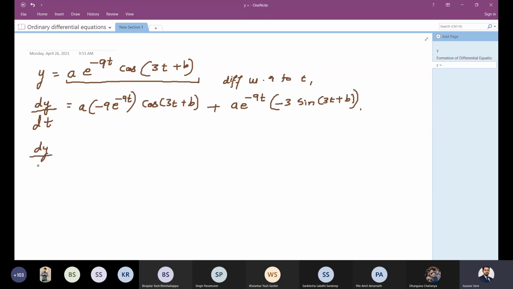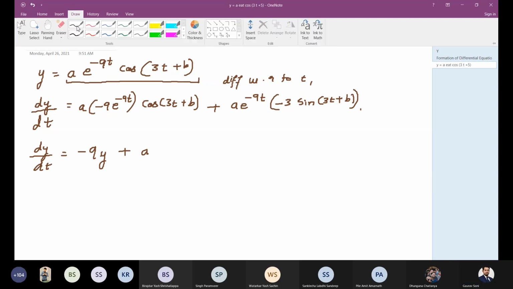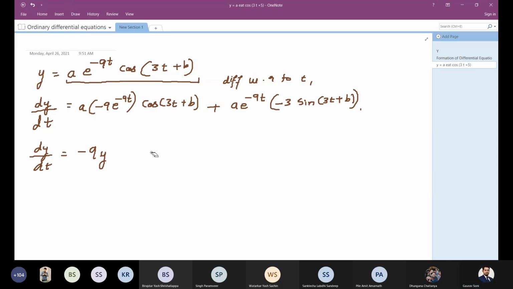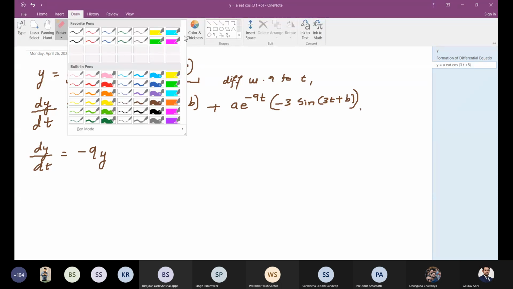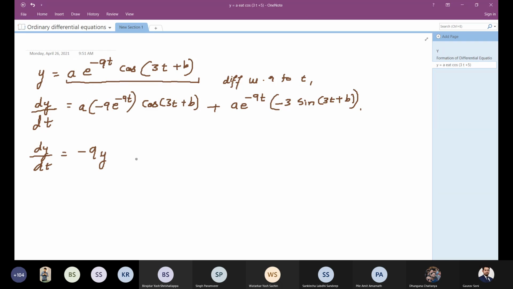So dy by dt equals minus 9 y minus 3a e to the power minus 9t sine of 3t plus b.